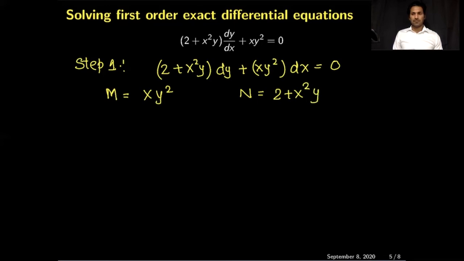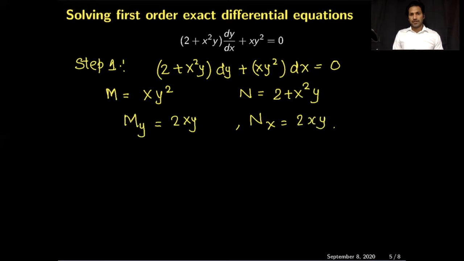Now we will calculate the partial derivative of the coefficient of dx with respect to y and the coefficient of dy with respect to x. So the partial derivative of M with respect to y is 2xy, and the partial derivative of N with respect to x is 2xy.